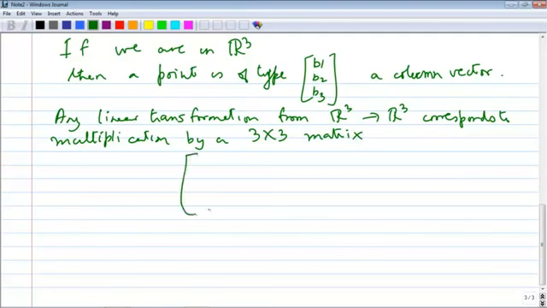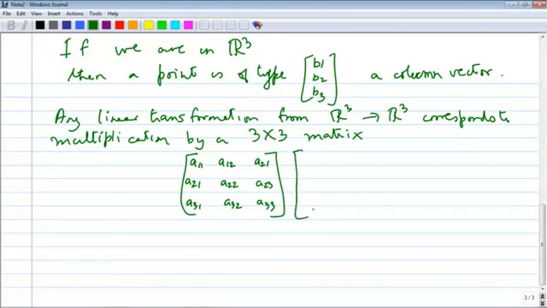So we might have a matrix A11, A12, A13, A21, A22, A23, A31, A32, A33, and then we have B1, B2, B3, and this gives me some new column vector. Let's use the notation C for this, C1, C2, C3.